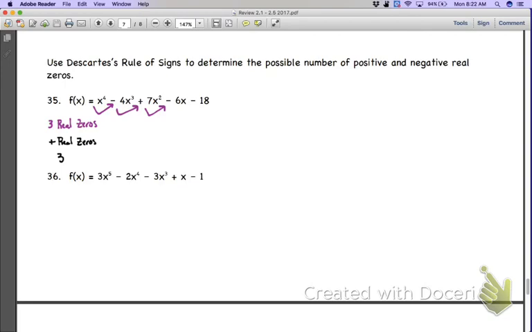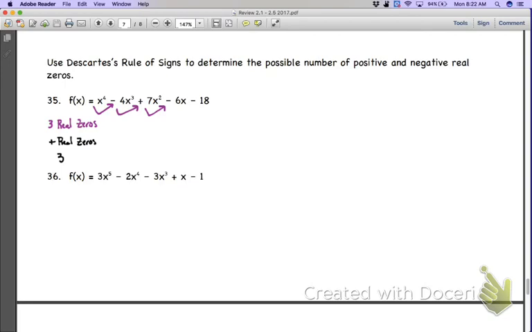minus a positive even integer. So if there's 3, what's the positive even integer that we need to subtract? What's the easiest positive even integer that we can subtract by? 2.